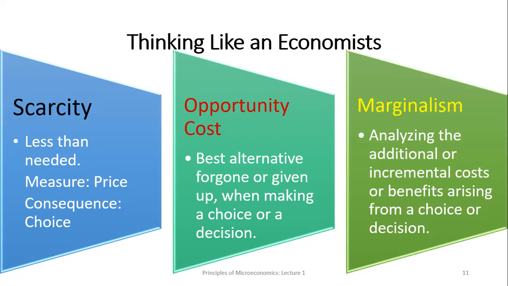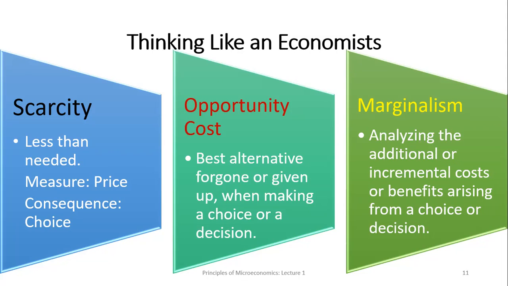Third is marginalism. Economists do not evaluate goods at their average, but they evaluate goods and decisions, especially when they compare the costs and benefits of a decision, based on the principle of marginalism.